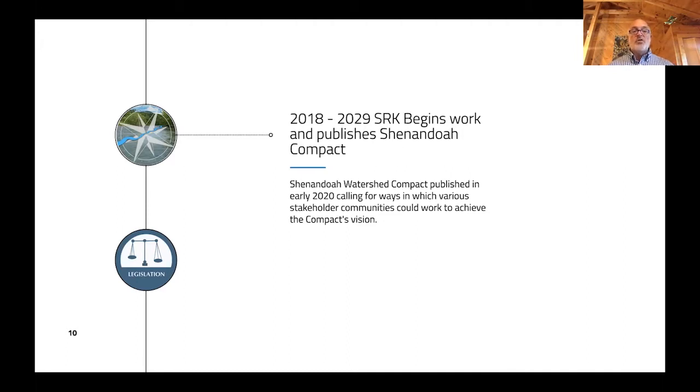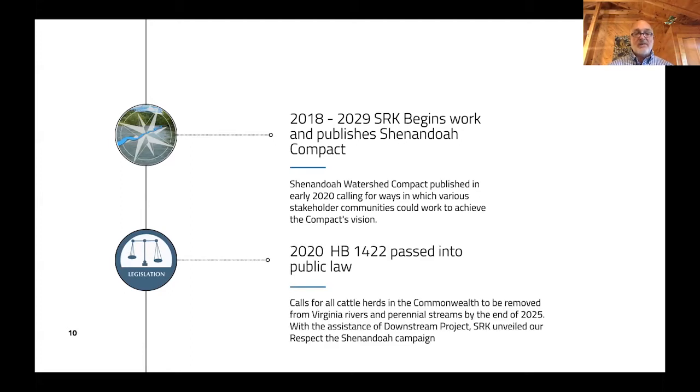And we all took a collective look at what each of the stakeholder communities could have done or could do to preserve and protect the watershed. That came out in the winter of early 2020, and from that, the Watershed Compact, the Shenandoah Compact, was the genesis for our Respect the Shenandoah campaign.